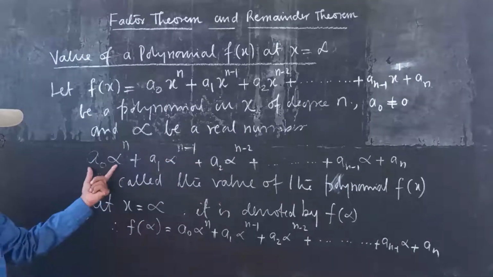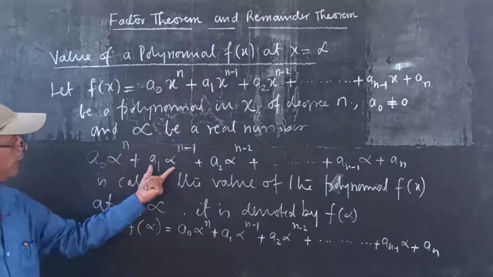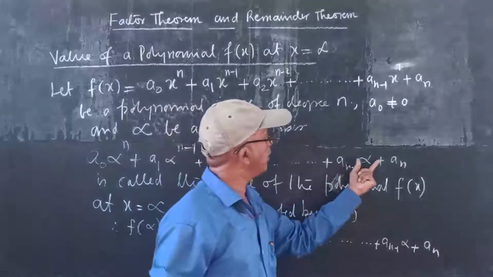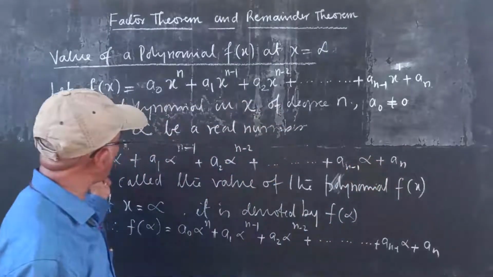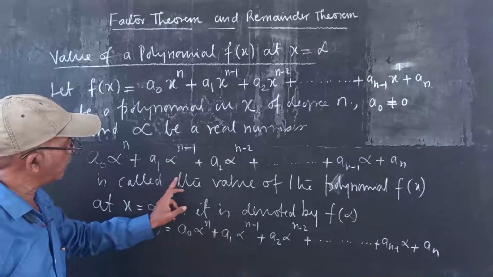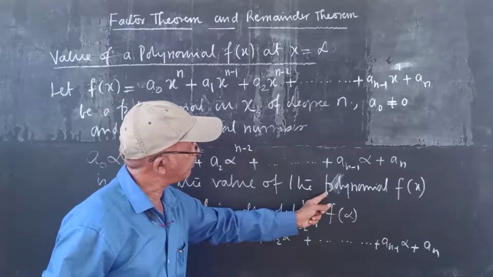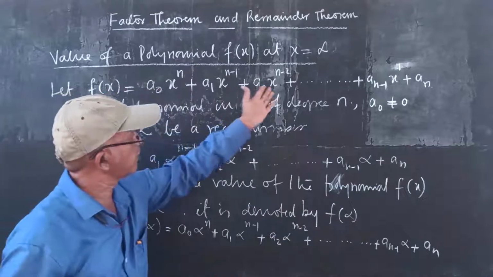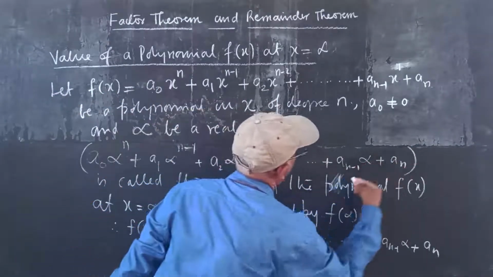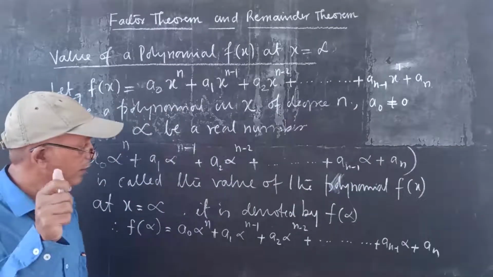A real number multiplied by a real number is a real number, so here we get one more real number each time. The sum of all real numbers is only a real number. So this is called the value of the polynomial f(x).